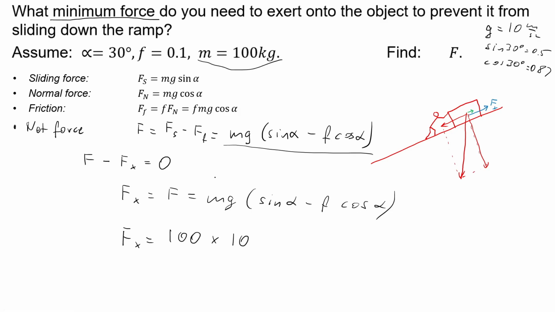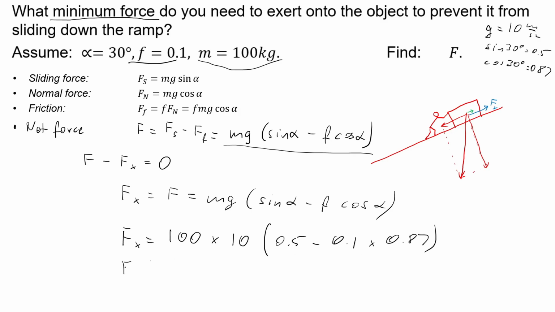So we have mg times sine alpha, which is 0.5, minus 0.1, this is the coefficient of friction, multiplied by cosine alpha, which is 0.87.